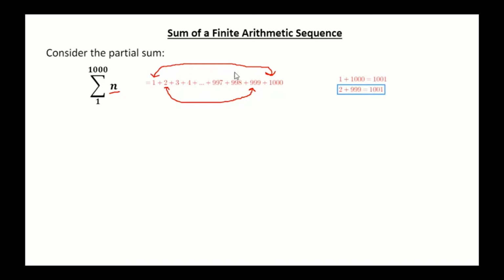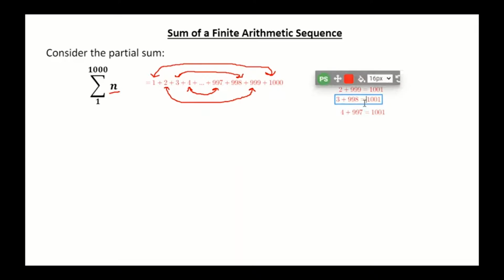What about 3 plus 998? Also 1,001. You could probably see where this is going. 4 plus 997 is, as you might expect at this point, 1,001.